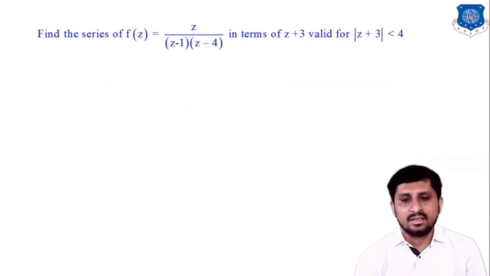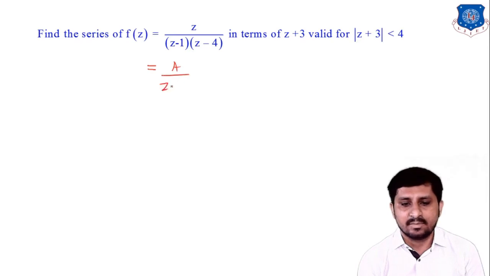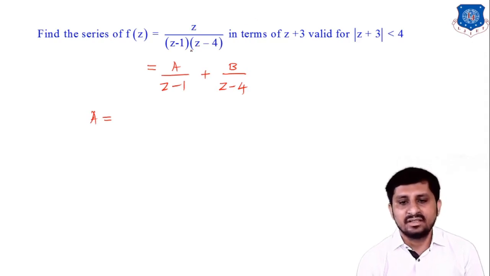Now first of all we have to convert this function into addition form. So z / ((z - 1)(z - 4)) equals a / (z - 1) + b / (z - 4). What is the value of a and b? You can easily find out. To find a, just put z = 1: the numerator is 1 and the denominator is 1 - 4, which is -3, so a = -1/3.